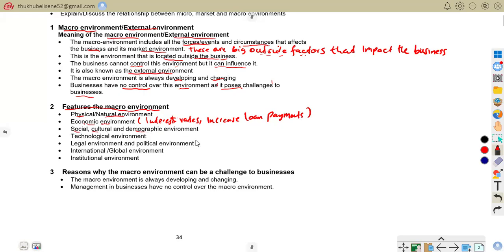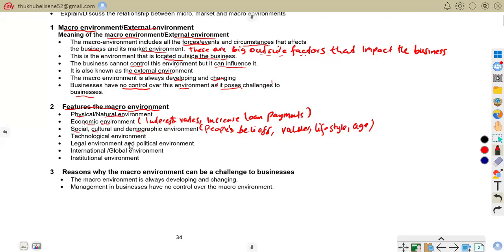Then the social, cultural, and demographic environment. This is when we're talking about people's beliefs, values, lifestyle, age, education, and income as well.